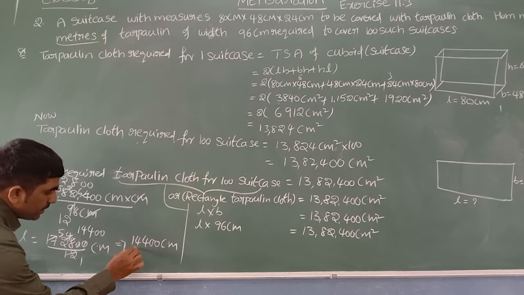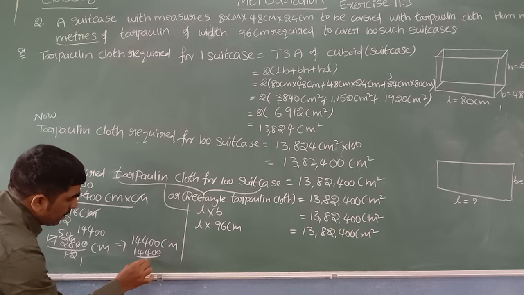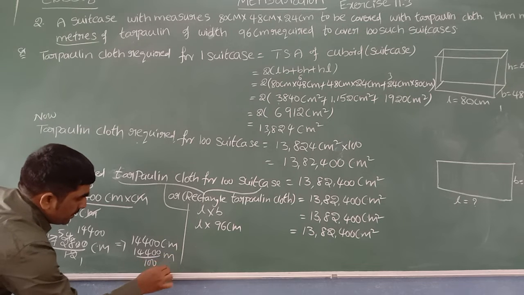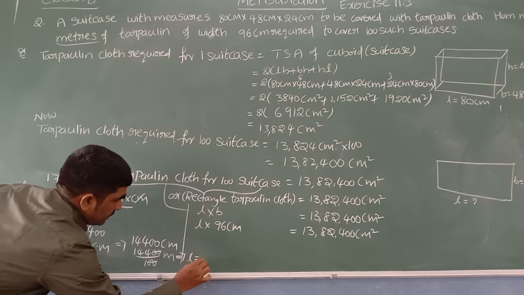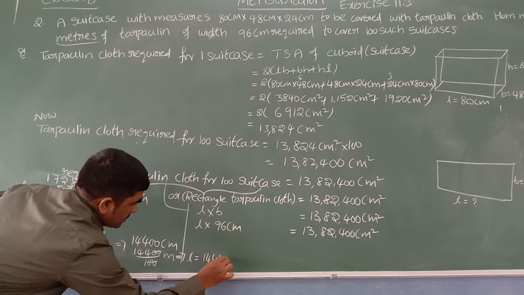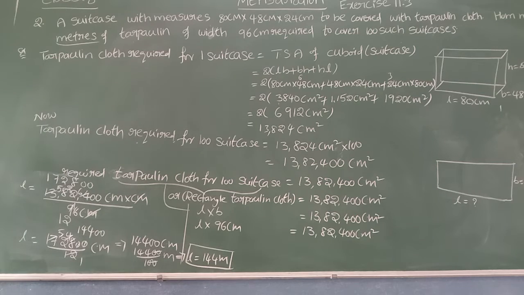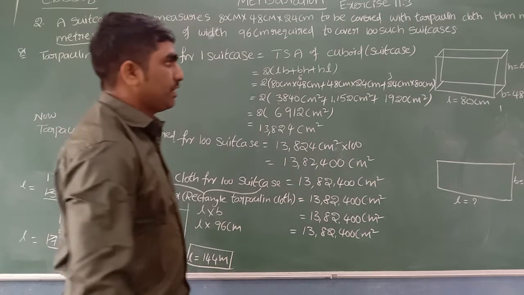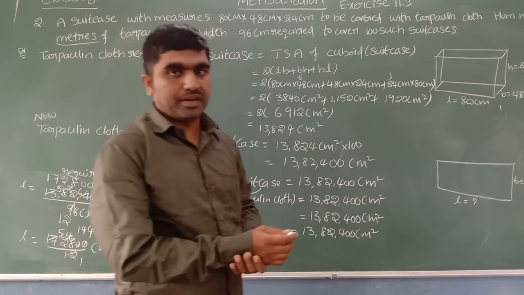Better to express into meters, just divide it by 100. The final answer is length is equal to 144 meters. Yes, 144 meters length of tarpaulin cloth is required to cover 100 such suitcases.